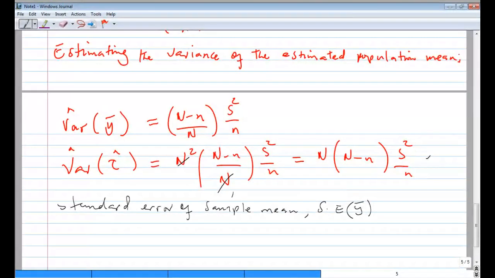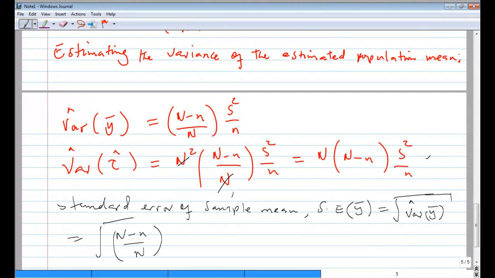The standard error of a simple mean is equal to the square root of the estimated variance of the estimated population mean, var of y bar. So if you want to calculate the standard error of a simple mean, that is the formula, which is equivalent to the square root of N minus n over N, s squared over n. So this is the one.